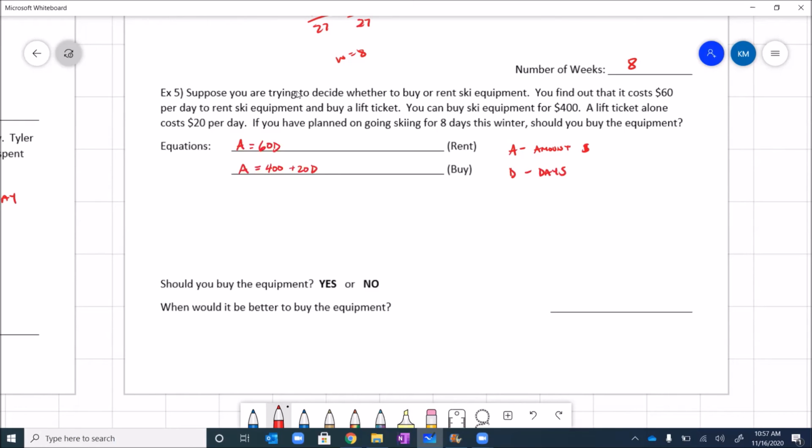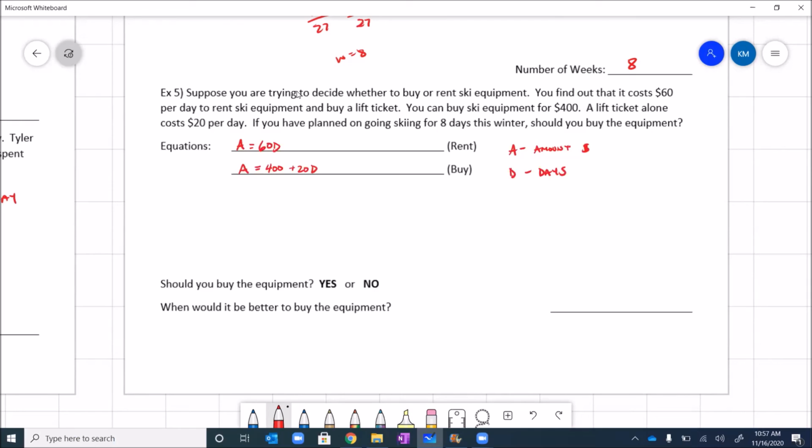And here's our system. If we rent it, we charge $60 a day. If we bought, this is what we get. So $400 for the equipment that doesn't change, and then $20 times the number of days. Here's how we go. We would say, okay, this is set up for systems of equations. It's set up for substitution.